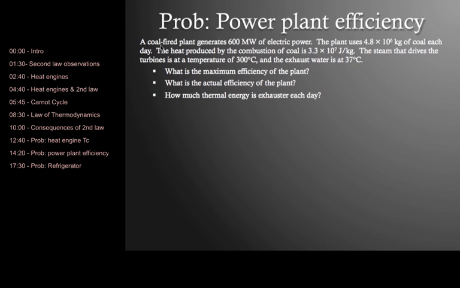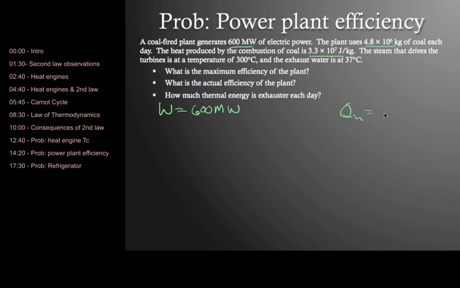We have a certain coal-fired power plant that's going to generate some amount of electric power. So this is our work, which is 600 megawatts. The plant uses some amount of coal each day, and that coal can produce some amount of energy per kilogram. So this is our heat energy.